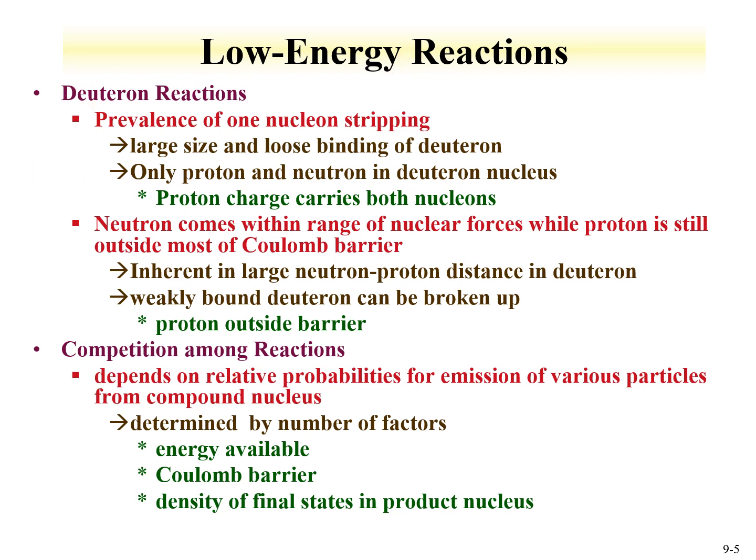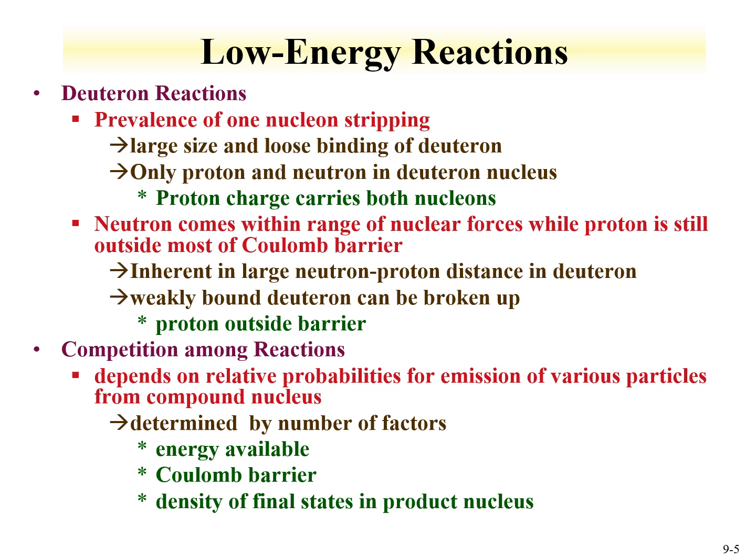In essence, this is a way of accelerating a neutron by exploiting the fact that the neutron is connected up with a proton. Some of these reactions can actually occur where the neutron can penetrate the nuclear barrier while the proton is still outside most of the Coulomb barrier. This is due to the fact that there's an inherently large neutron-proton distance in deuterium.